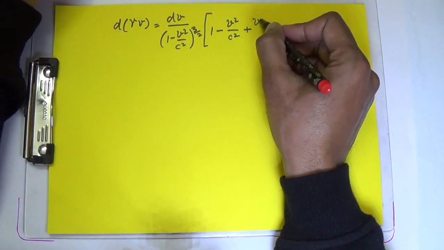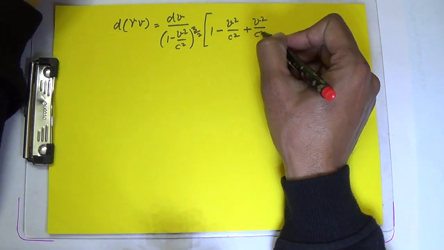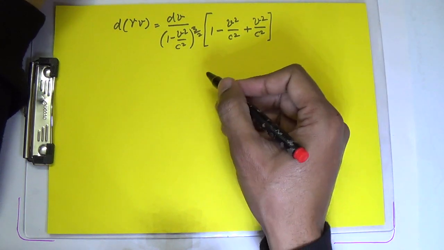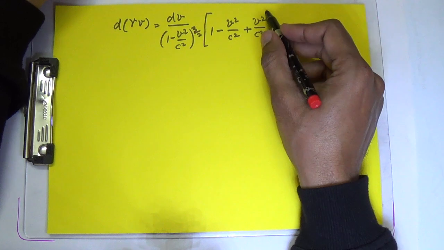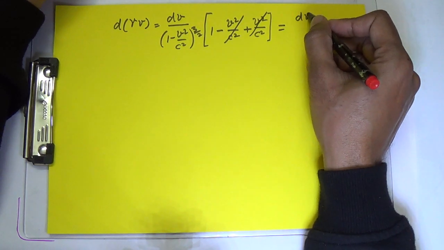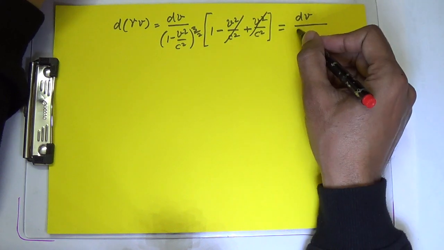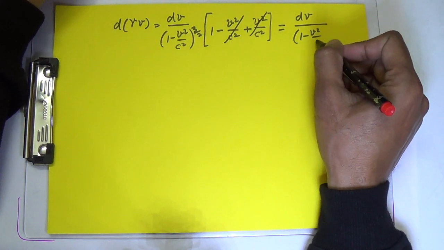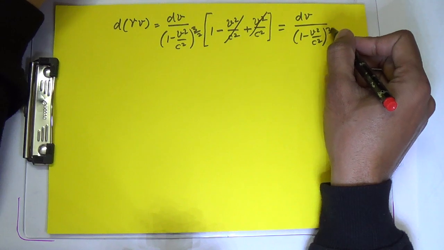Now v square upon c square cancels out, so I have dv upon (1 minus v square upon c square) to the power 3 by 2.